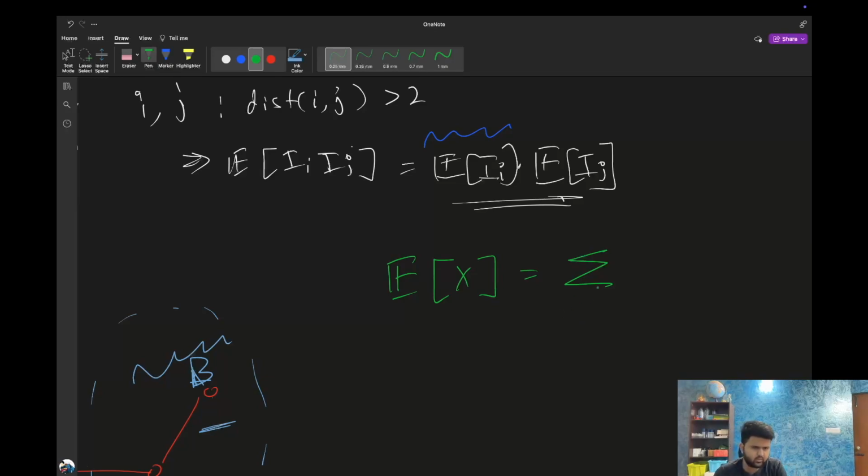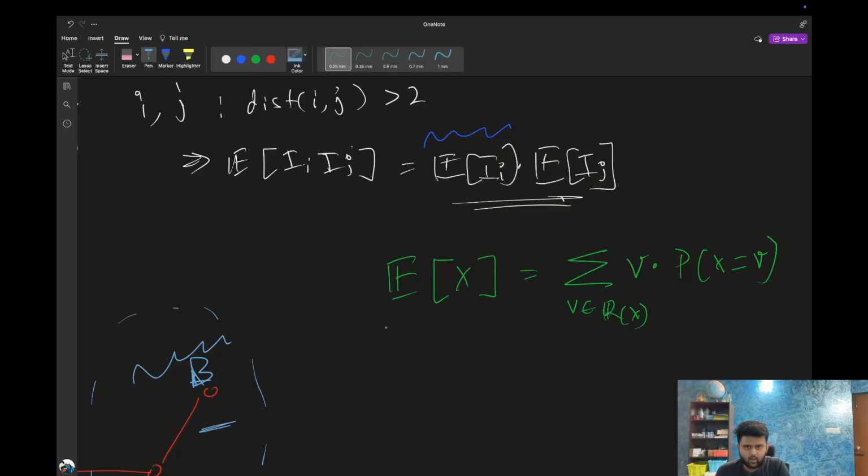Let's say for simplicity we deal with x over a discrete space, with v being the range of x. So for all values that x can take, it's the summation of the value times the probability that x is equal to the value.